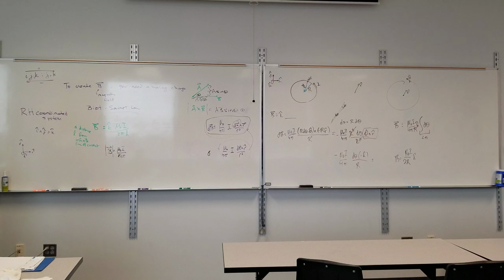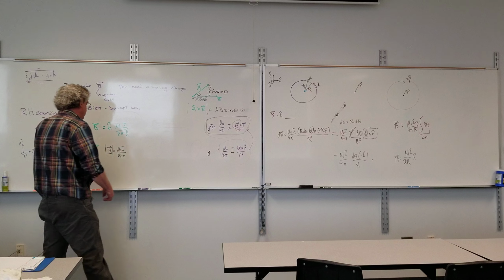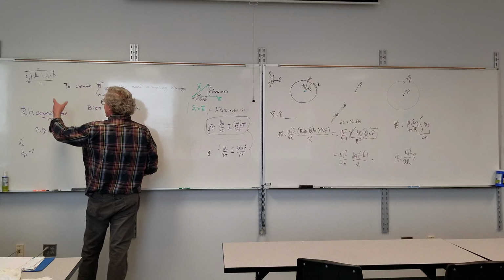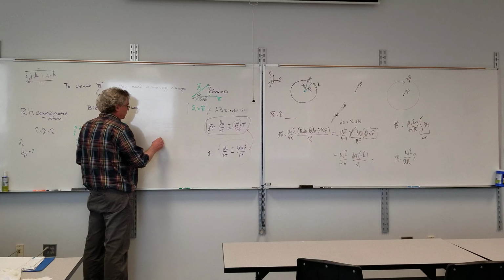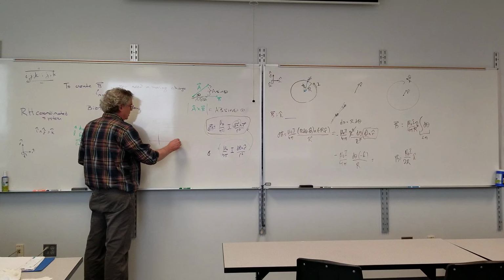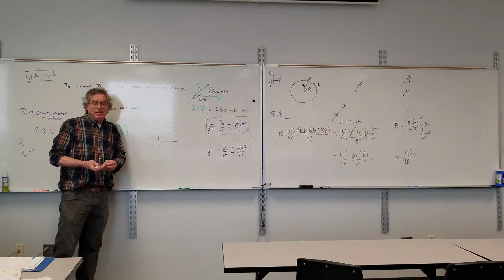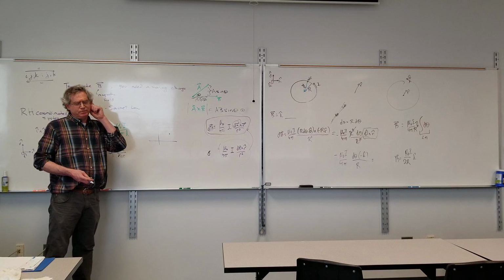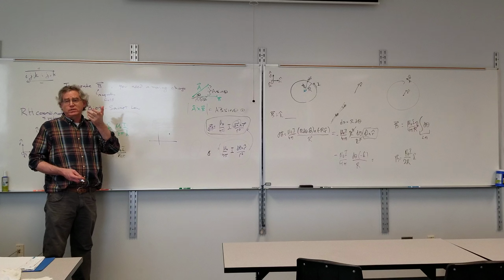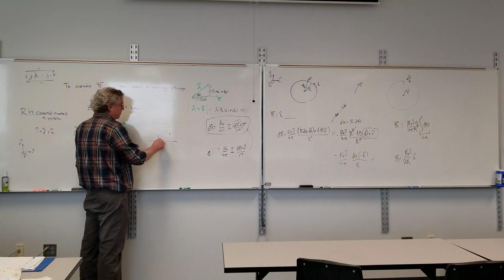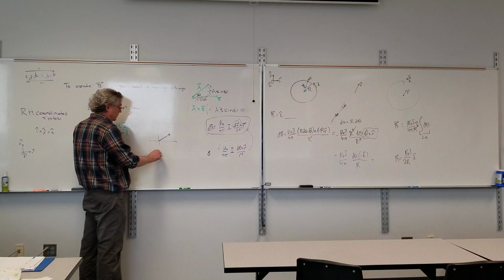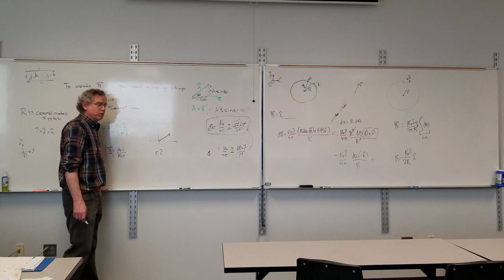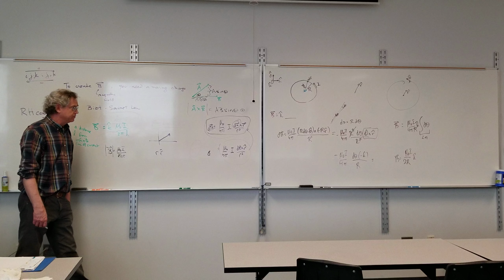I don't get why they need theta hat. When you're dealing with i hat, j hat, k hat, nice rectangular coordinate system, that's one thing. When you're dealing with a polar coordinate system, ultimately, we need a magnitude and direction. So if I take that vector right there, the magnitude is going to be length r. And r hat as a radial unit vector is always away from whatever the center is.